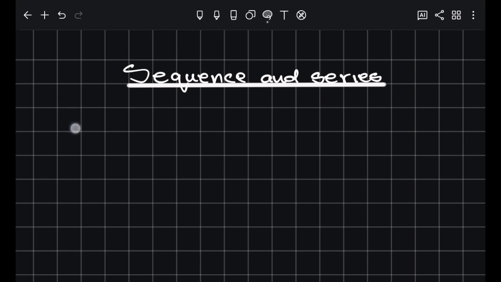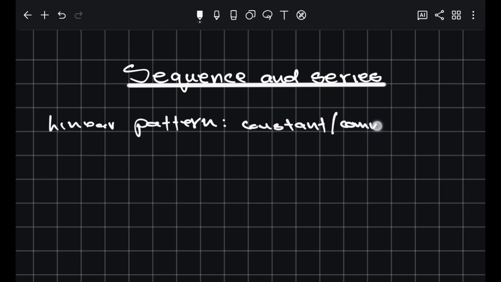We learned about a linear pattern, and we said a linear pattern has a constant or common first difference.